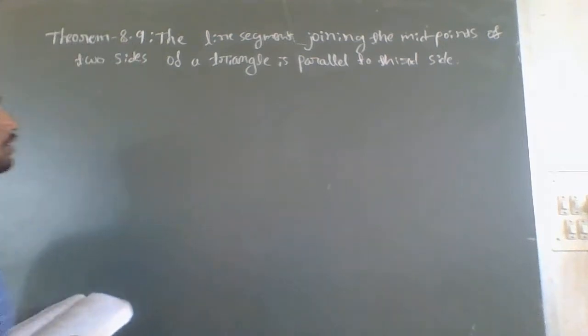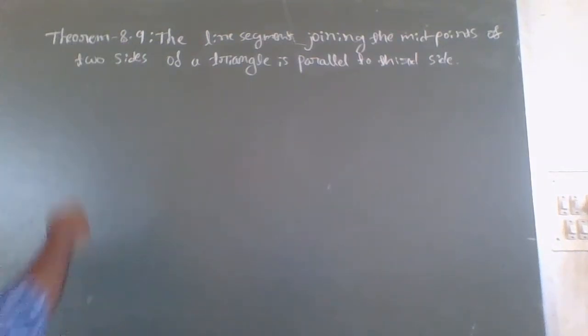The line segment joining the midpoints of two sides of triangle is parallel to third side.